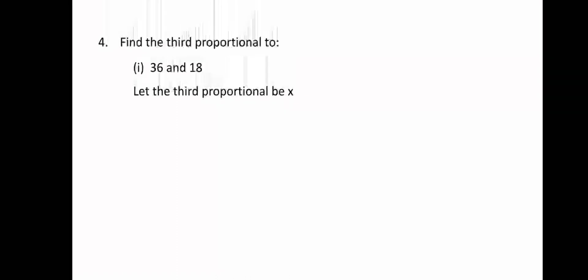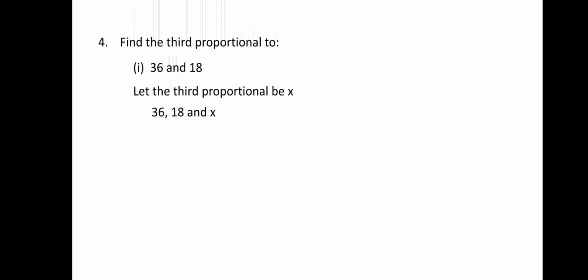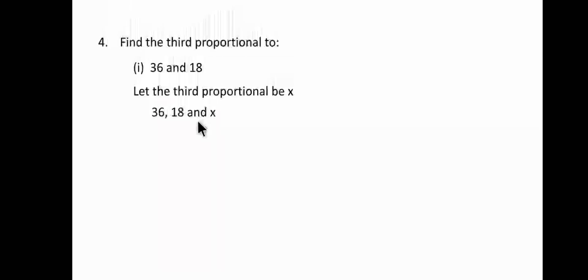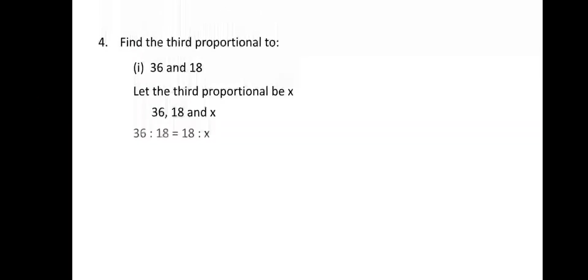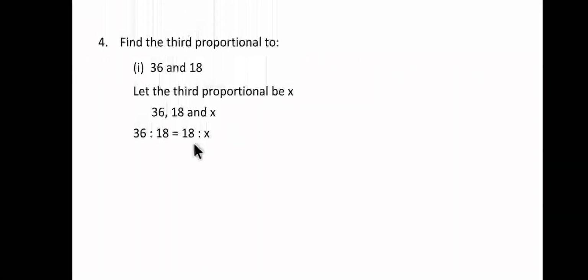If the third proportional is x, then 36, 18 and x will be in continued proportion, where 36 is the first term, 18 is the mean proportional, and x is the third term. If they are in continued proportion, then again the mean proportional will get split up just like in the previous case. 18 is split up in both the ratios.